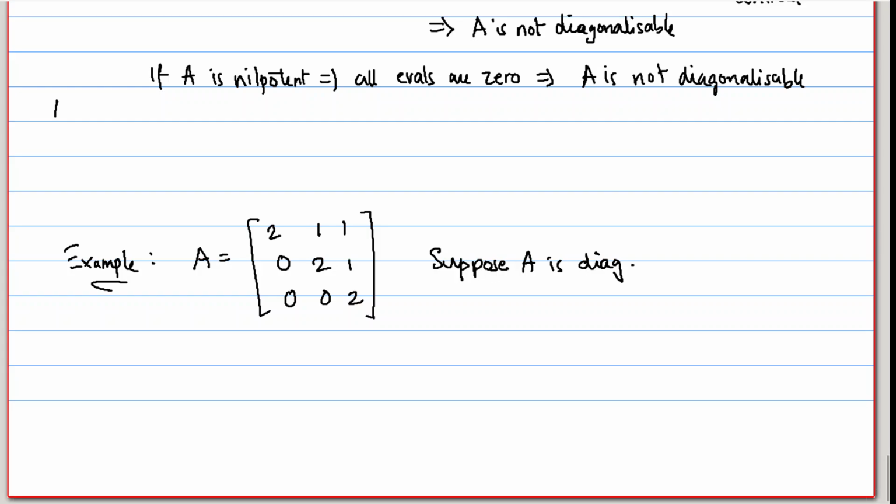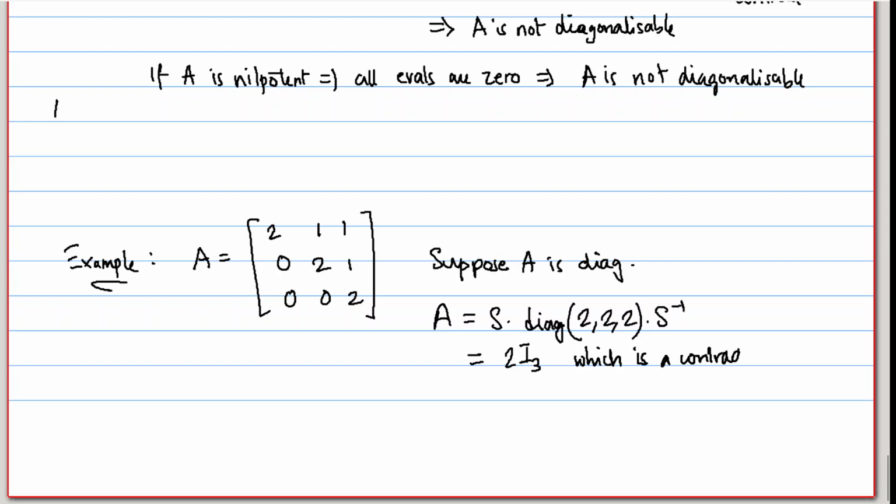That means A can be written as S times a diagonal matrix times S inverse. The diagonal matrix has to be 2 on the diagonal, because they have to be the eigenvalues. But then this would be nothing but 2I3, so A is 2I3, which is a contradiction. So A is not diagonalizable.